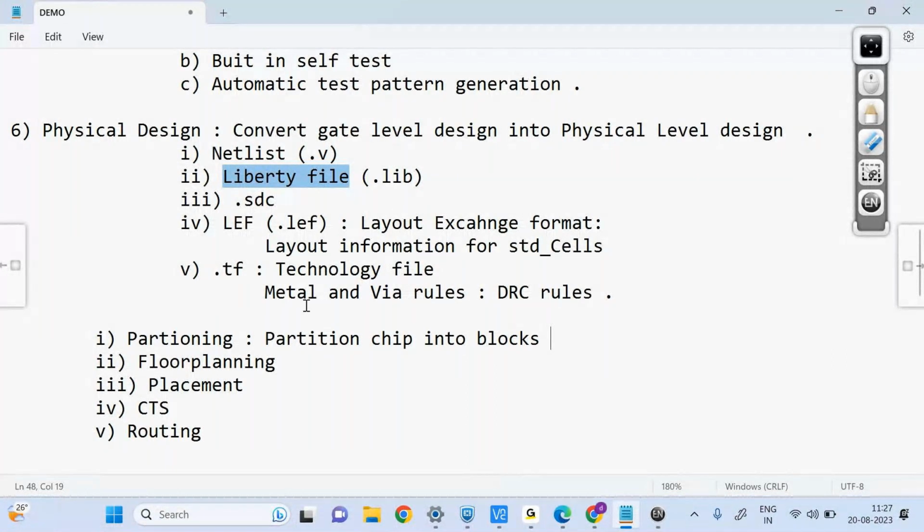SDC we get from synthesis. The synthesis engineer has to write this. LEF is the layout exchange format. I already told you there is a layout team, a full custom layout team. There is a separate standard cell layout team again. The standard cell layout team will draw the layout and give it to us in the form of a LEF file.